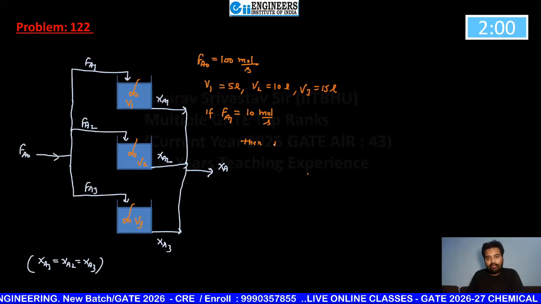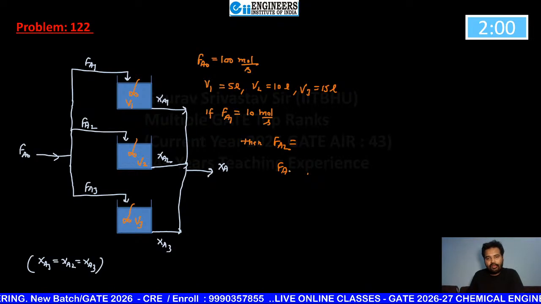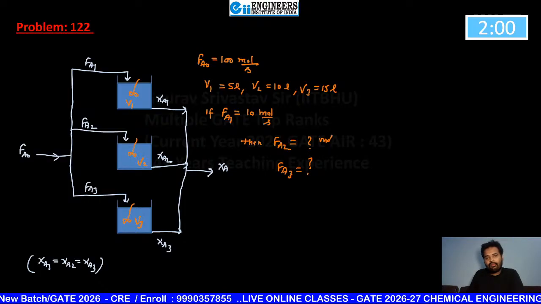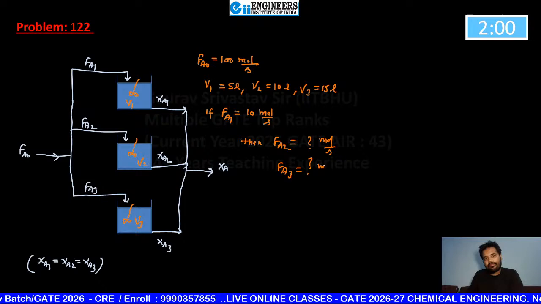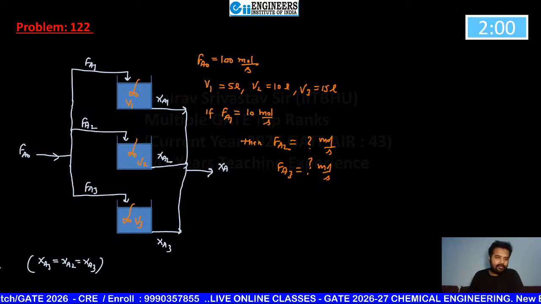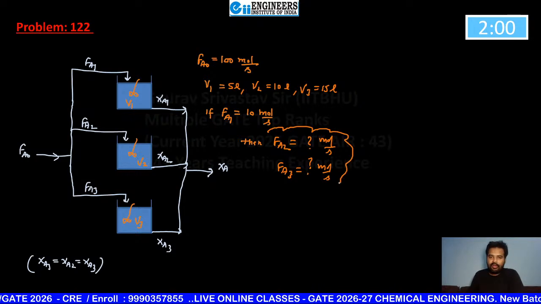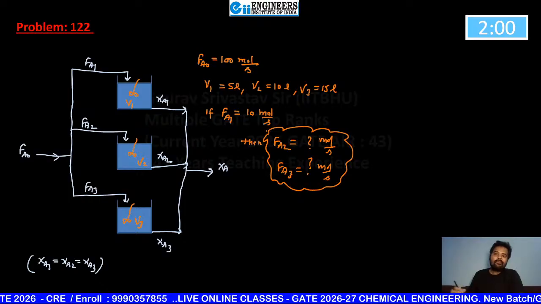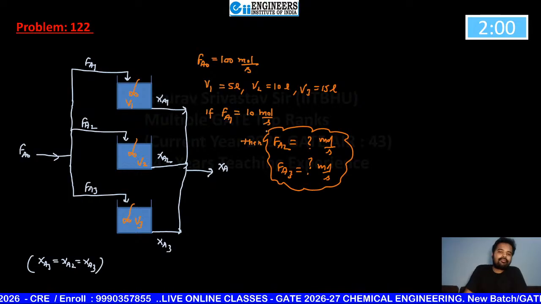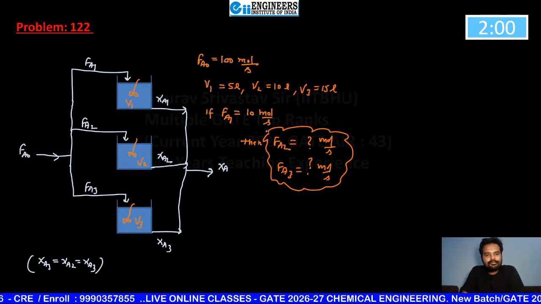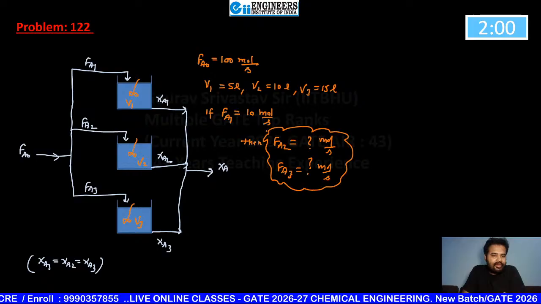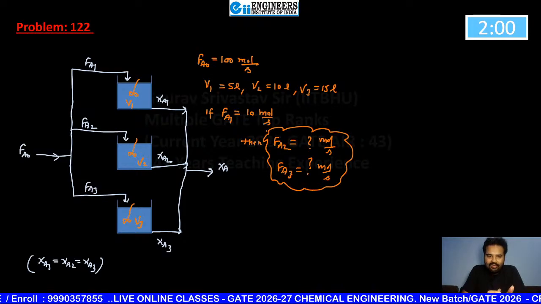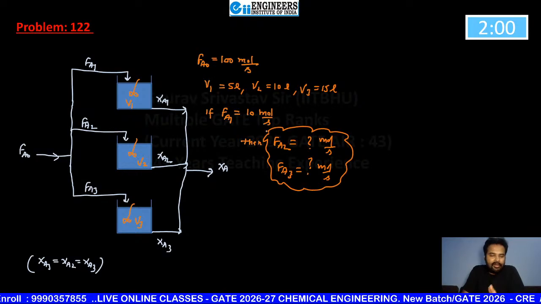Then they are asking what is the value of FA2 and what is the value of FA3, in mole per second. Now please solve this बेटा, फटाफट इसे solve करेंगे. The problem still remains the same. It is mentioned in your question that xa1 equals xa2 equals xa3.